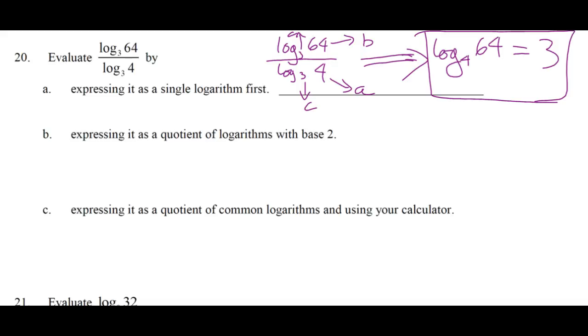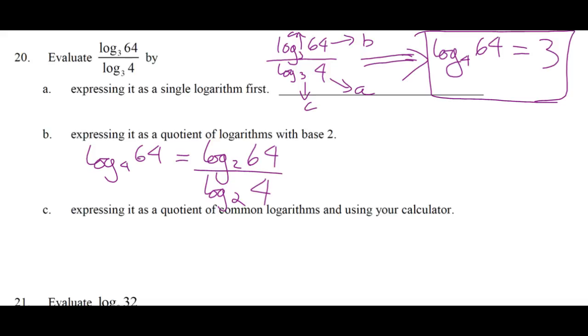Expressing as a quotient of logarithms with a base of 2. So we're writing log base 4 of 64, and we want to convert that to a base 2 log. So it's log base 2 of the value over log base 2 of the base, right?